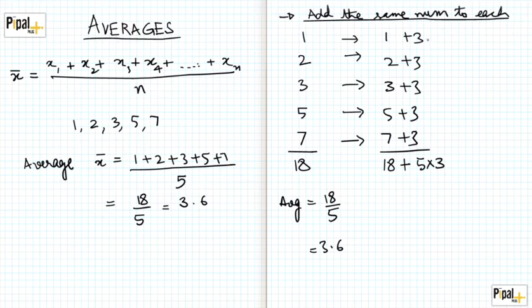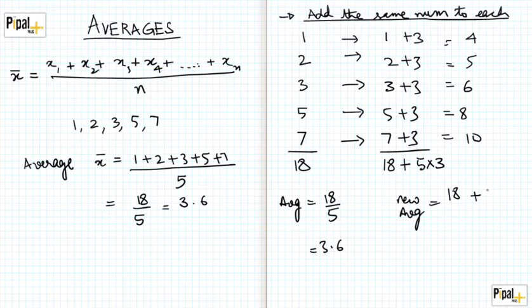The total number of numbers, right, so this is 4, this is 5, this is 6, this is 8 and this is 10, still remains 5, so the new average is going to be 18 plus 5 times 3, this is the new sum, divided by 5, right?